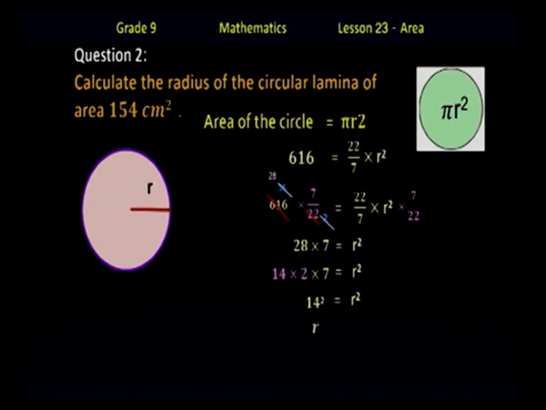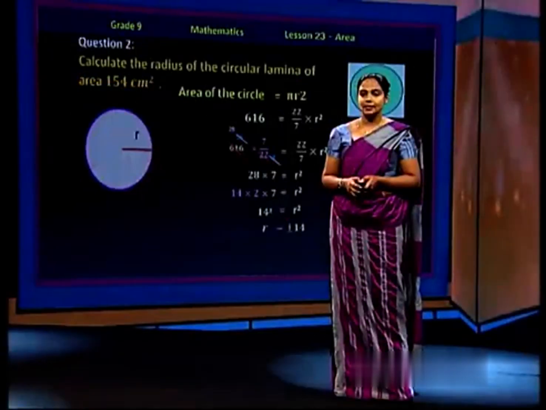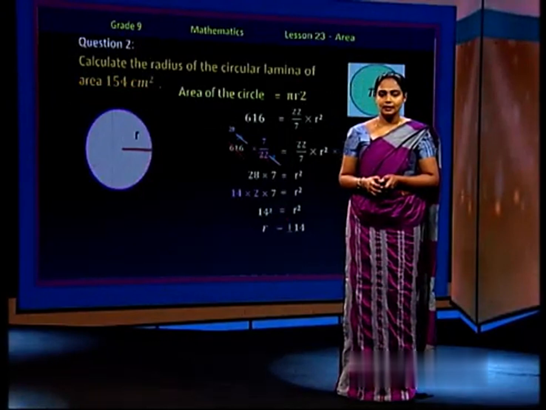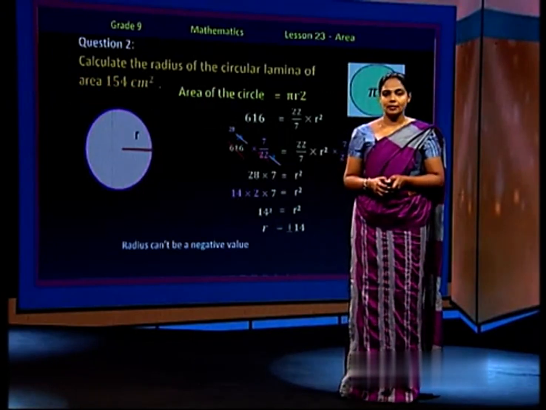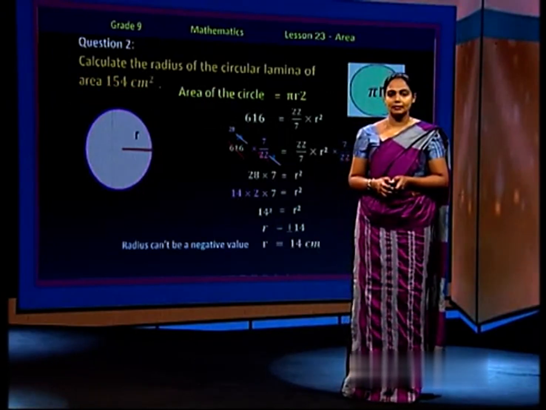Now the radius is positive 14 or negative 14. Select the correct one, not the negative one. So the answer should be positive 14 centimeters. Then we found the answer.